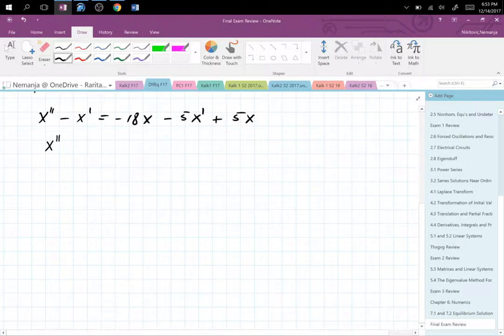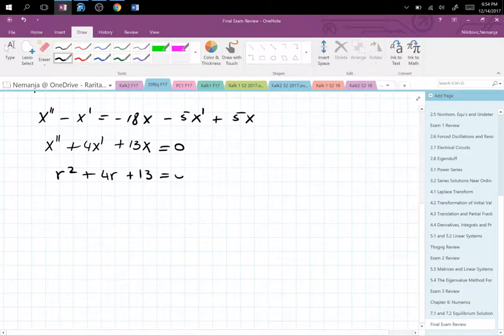X double prime plus 4x prime, and then plus 13x equal to 0 when you move everything to the left. And you have your r squared plus 4r plus 13 equal to 0.